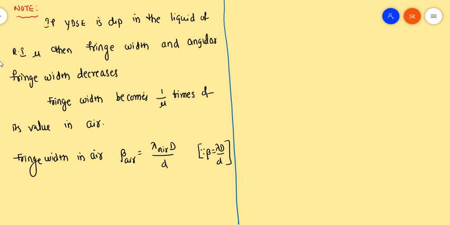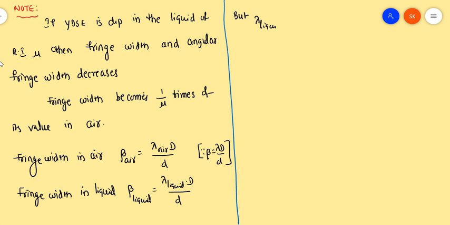If you want the fringe width in liquid, beta in liquid, you will write the wavelength in the liquid into capital D by small d. But there is a relation between the wavelength of light in the liquid and air. When the light ray enters the liquid, its wavelength becomes 1 by nu times.